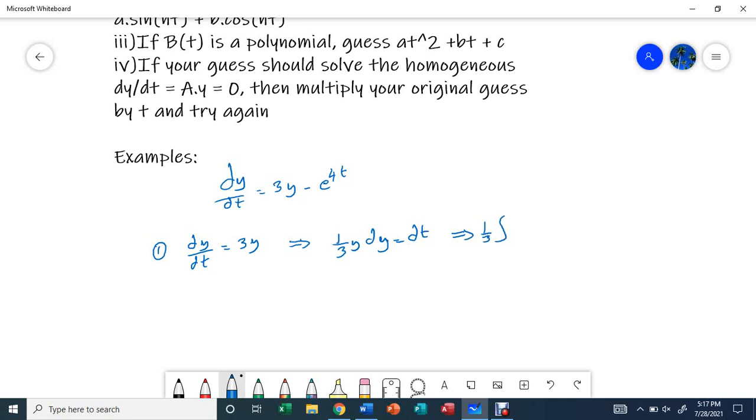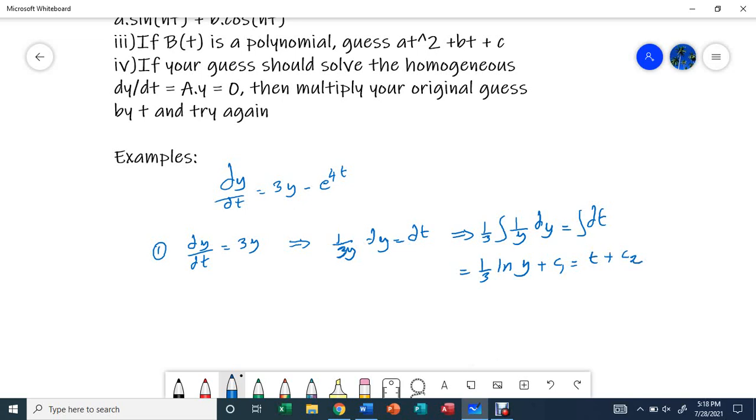So 1/3 times 1 over y dy equals dt. And then this is 1/3 ln of y plus constant c1 equals t plus c2.